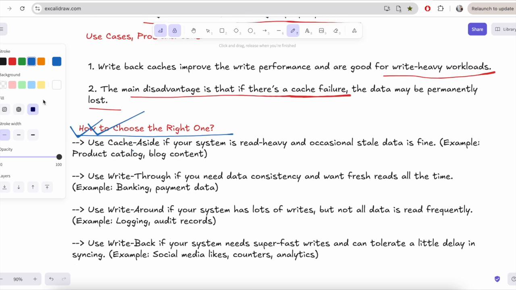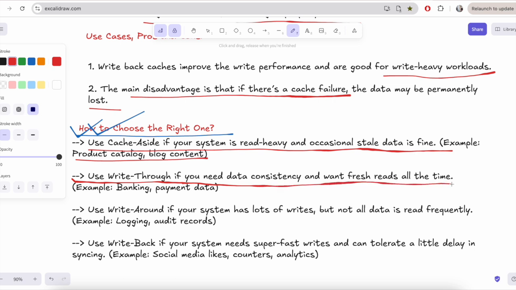Use cache aside if your system is read heavy and occasional stale data is fine for you, like in a product catalog or blog contents. Use write through cache if you need data consistency and you want fresh data all the time, for example banking and payment data.